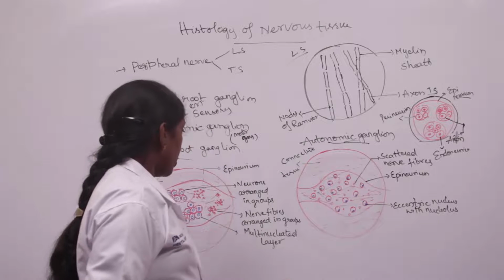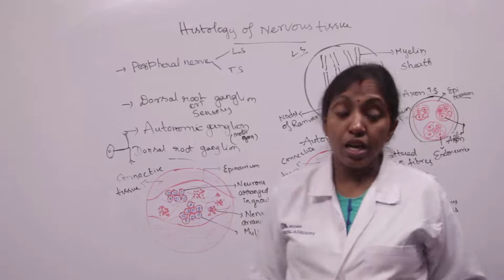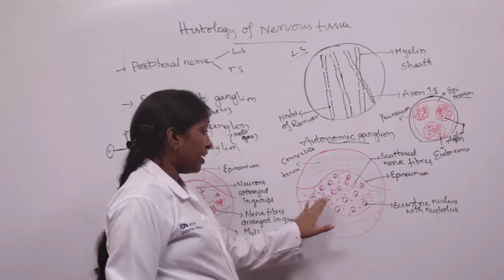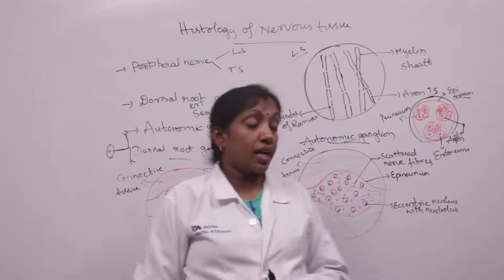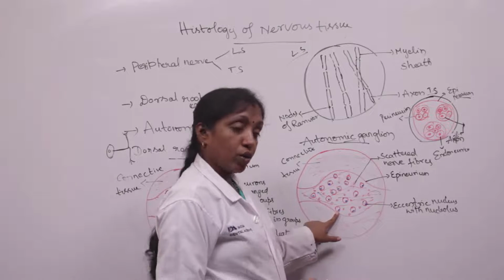Here the neurons and nerve fibers are arranged in groups, there they are scattered, and the nucleus is central with a prominent nucleolus, while there it is placed eccentrically with a prominent nucleolus.